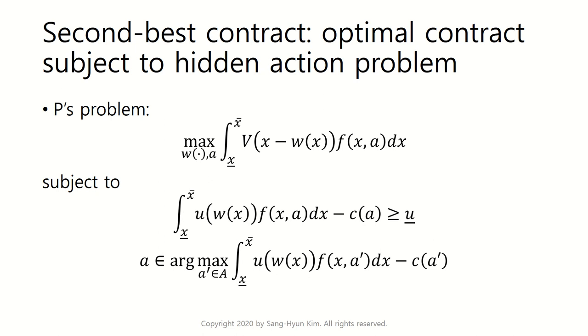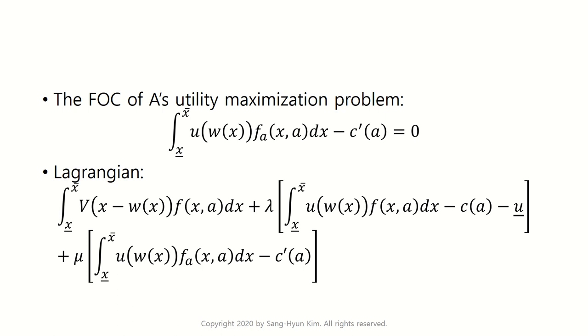Because there is this trade-off between insurance and incentive. There is a trade-off between risk sharing and incentive. So the first order condition of the agent's utility maximization problem can be written like this. To rewrite the IC constraint like this, we have to assume that the first order condition approach works.